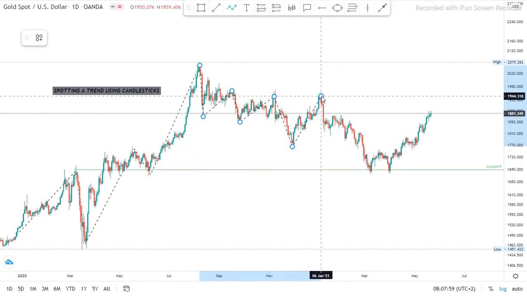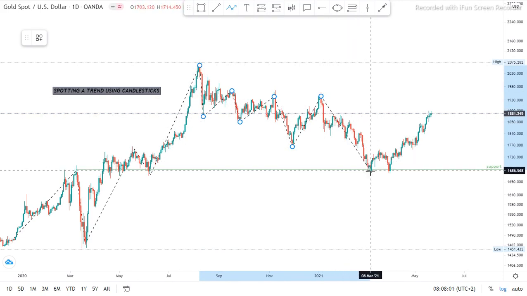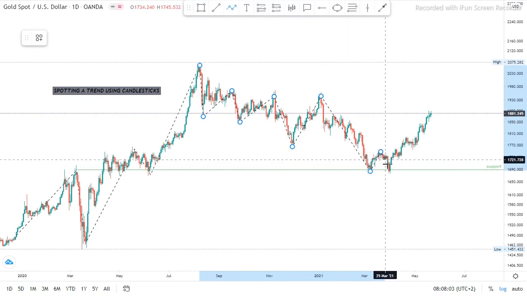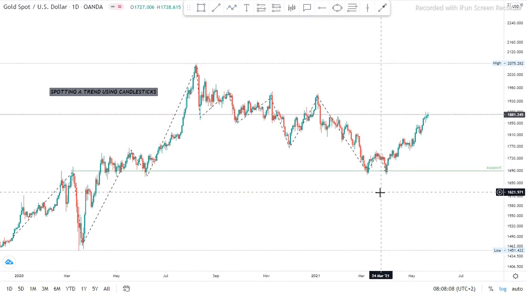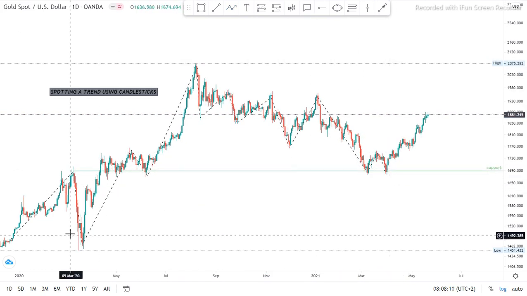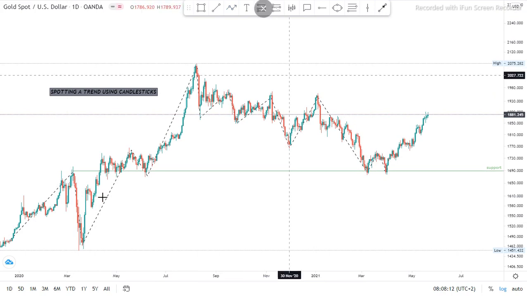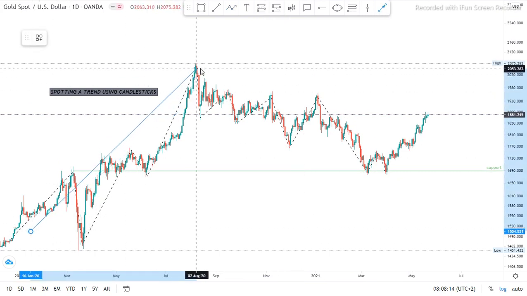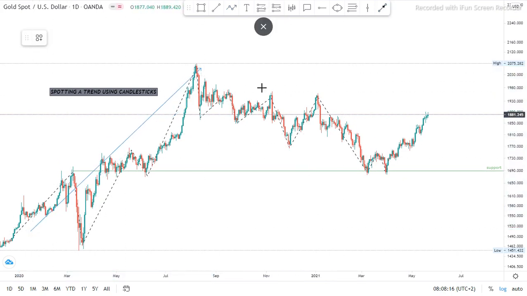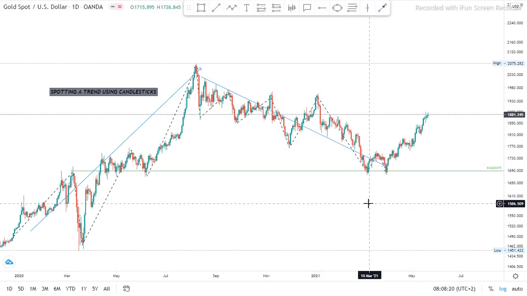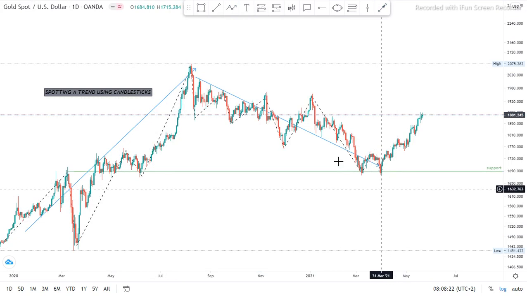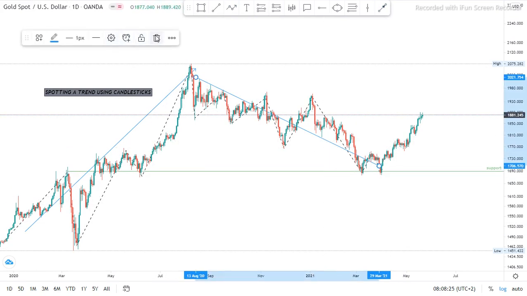Lower high, lower low, lower high, lower low. So as we can see, price was moving in an upward direction from here to here. Then once it got there, it started moving downward. And now, as we can see, let me just remove these.